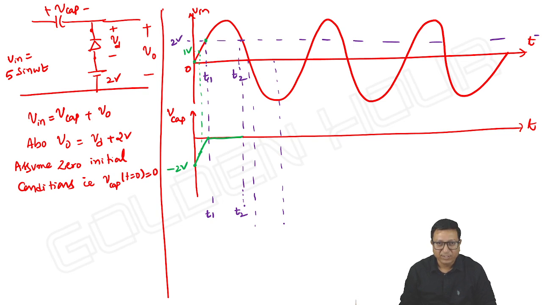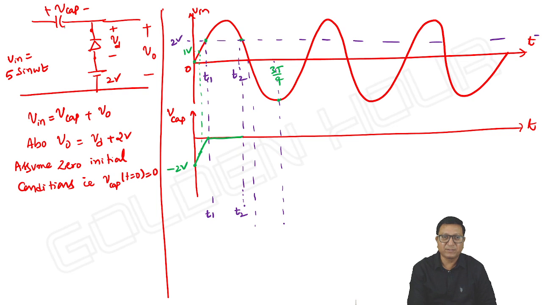Okay, next, for t greater than T2, what happens? T2 to 3T by 4, I can take from this point to this point. So input is less than 2 volts, which means the cathode voltage of the diode is less than the anode voltage. The diode is again on.